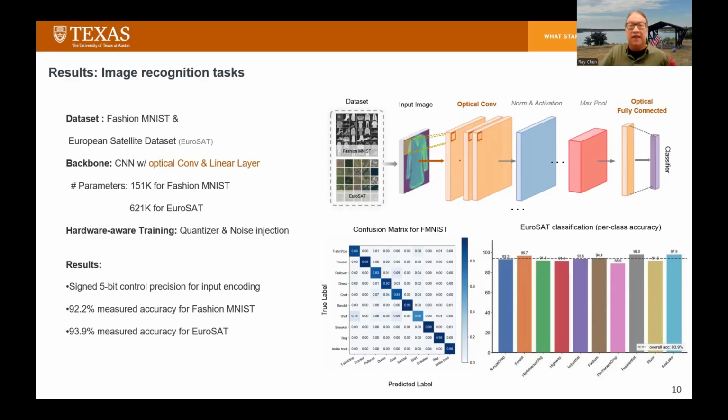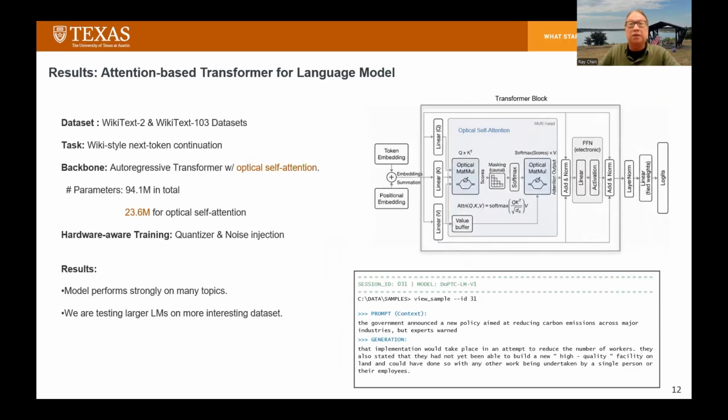Here we use a signed 5-bit control of the operand encoding, I mean weight and input together. Okay. So in terms of accuracy, we get about 92.2% for Fashion MNIST and 93.9% for EuroSAT.